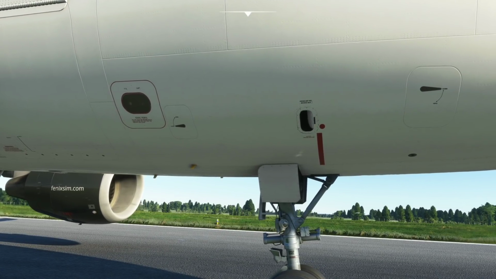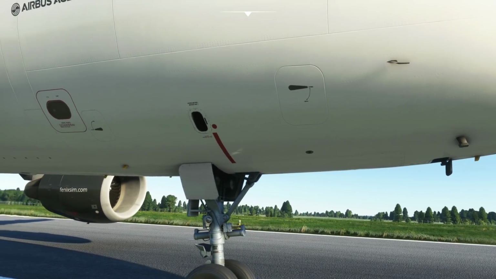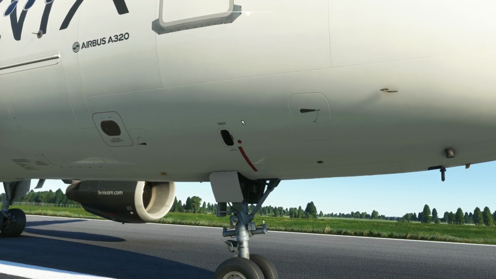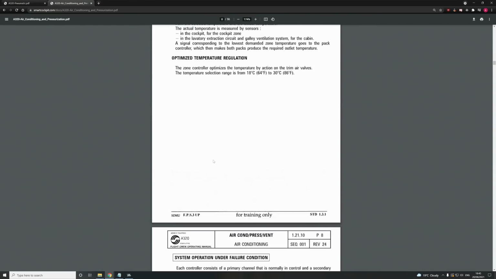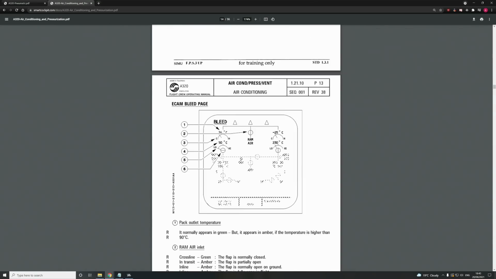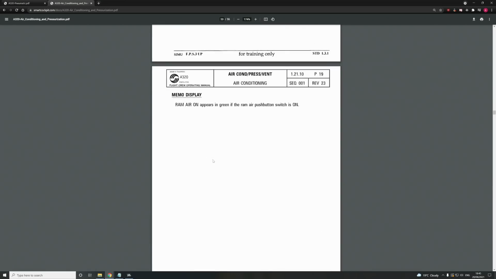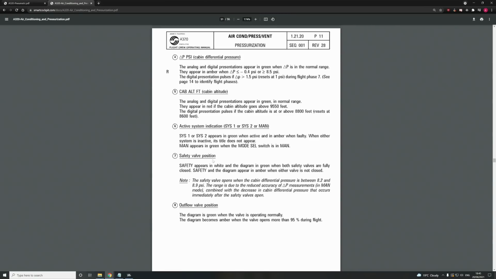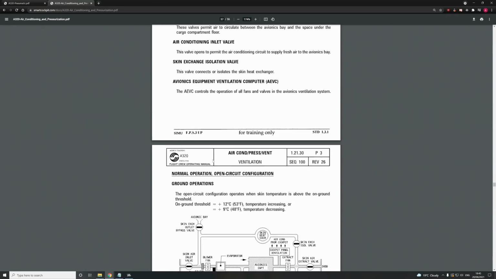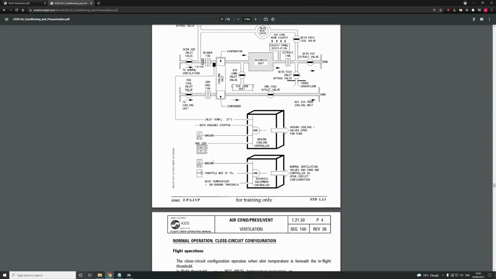So the Avionics ventilation inlet and outlet. These are kind of interesting. So let's just bring up the documentation for these for just a sec. Again, another one of these physically simulated things that I can actually show you, because all the rest of it is code. If I can find it, there you go.